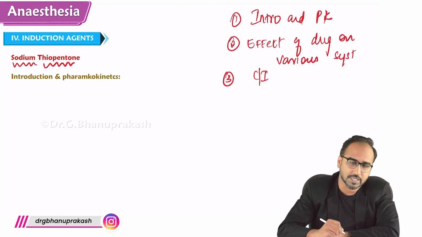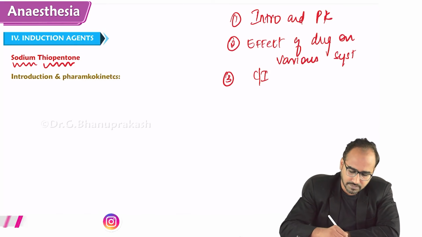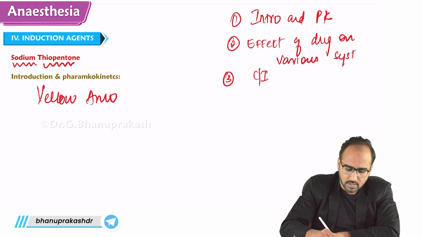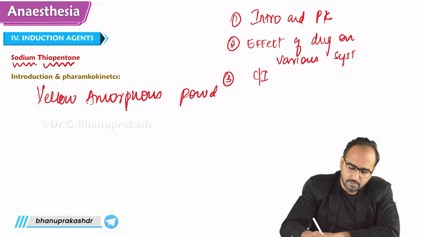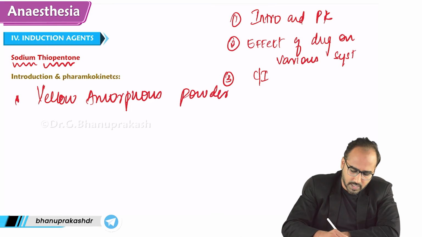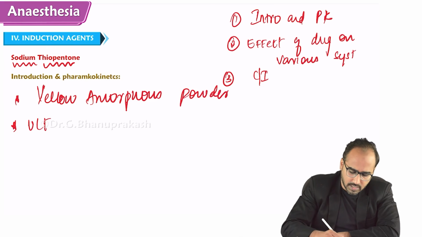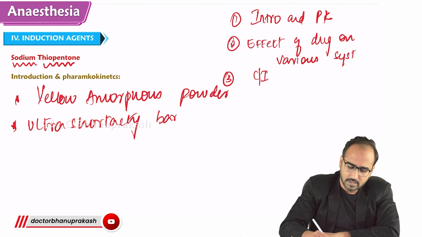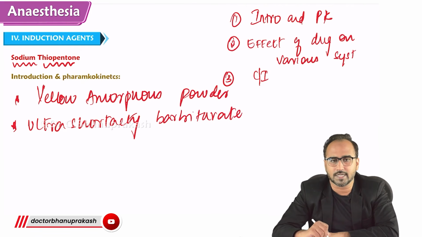So look over here, guys, we are talking about sodium thiopentone. In the introduction, what we need to remember is that sodium thiopentone is a yellow amorphous powder and it is regarded as an ultra short acting barbiturate. Why is it regarded as ultra short acting?